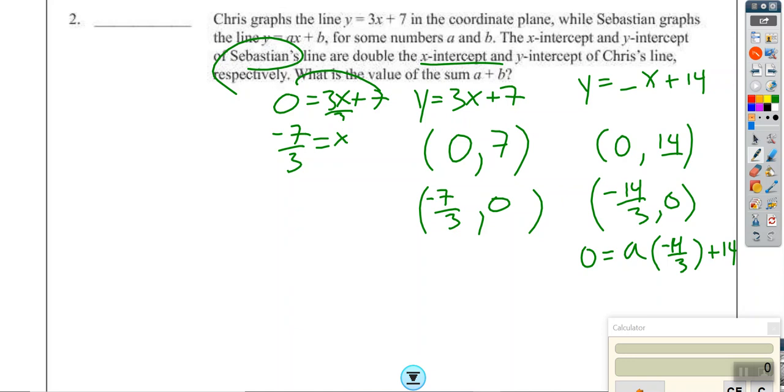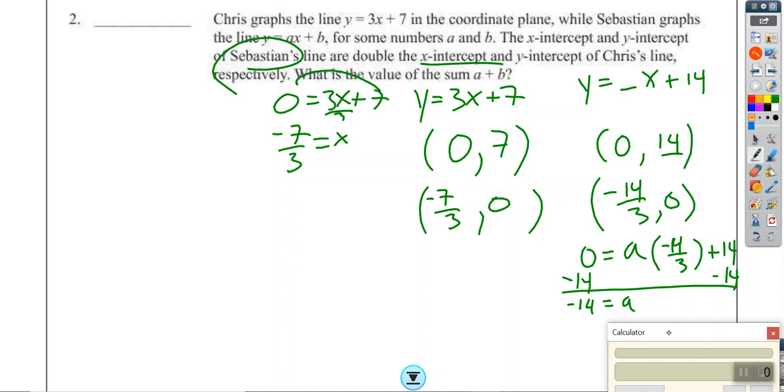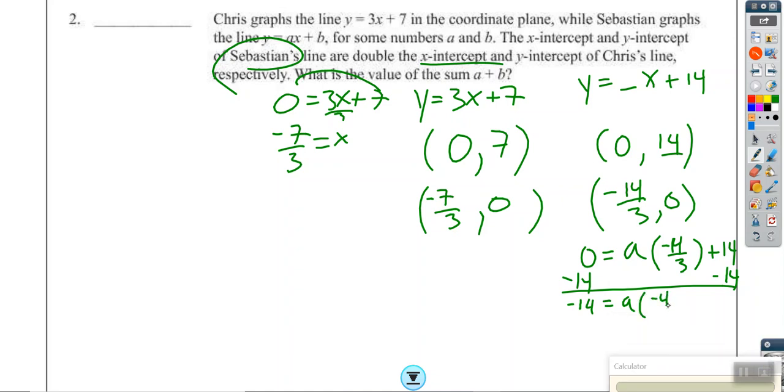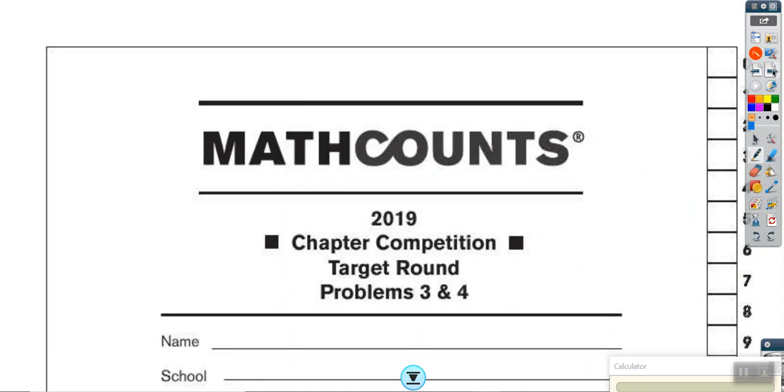So, okay, train tracks, subtract 14, and we get negative 14 is equal to a times negative 14 thirds. So I'm going to multiply by negative 3 over 14, which means the 14s are going to cancel out, and I'll just get 3 is equal to a. So 3 plus 14 is 21. Sorry for going fast on that, but I need to get home before I get in trouble.